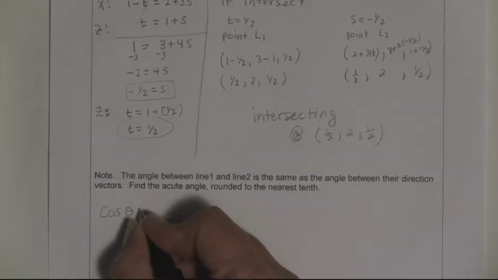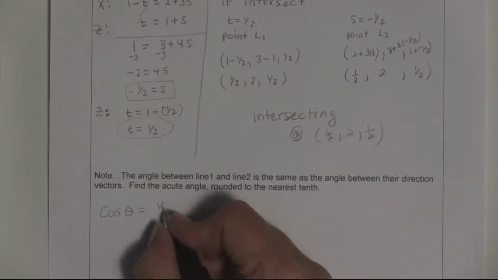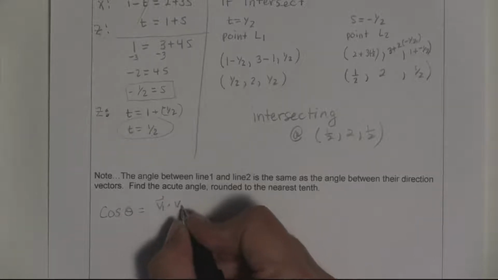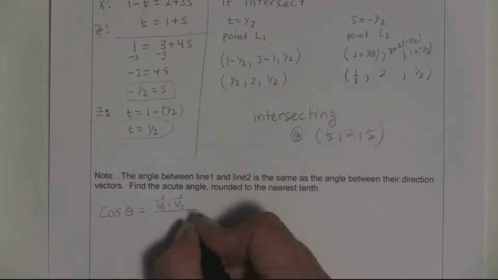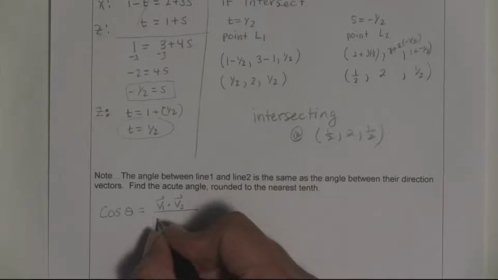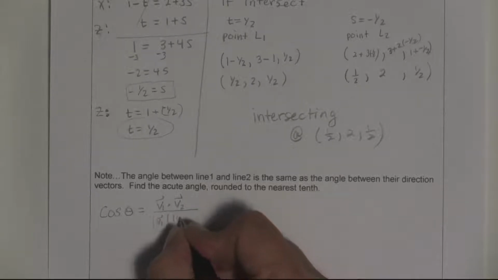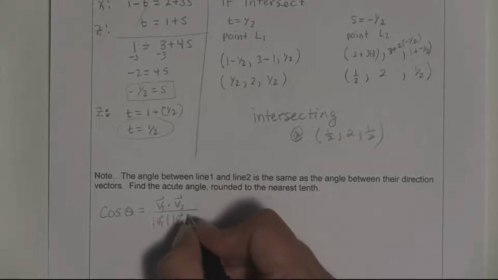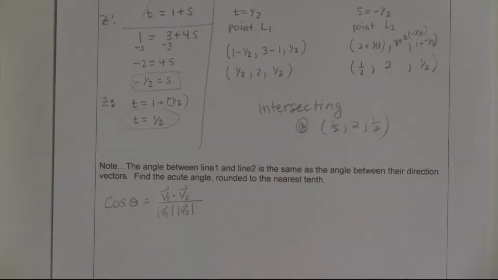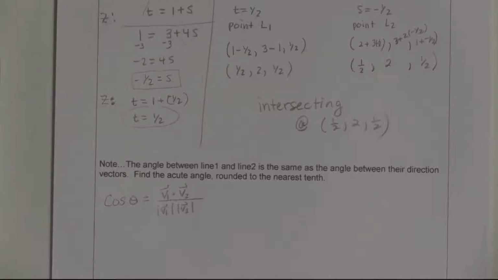Cosine of theta equals vector 1 dotted with vector 2 divided by the magnitude of vector 1 multiplied by the magnitude of vector 2. And then find theta, and that will give you the angle. And that angle will either be an obtuse angle or an acute angle. I can show you how to guarantee that it is an acute angle here.